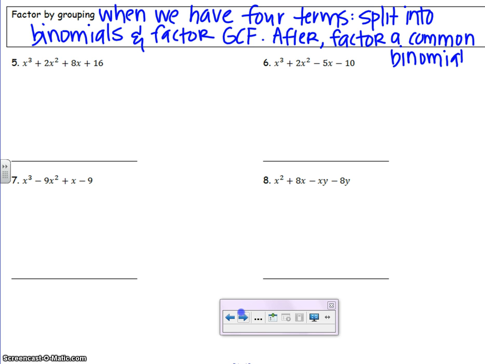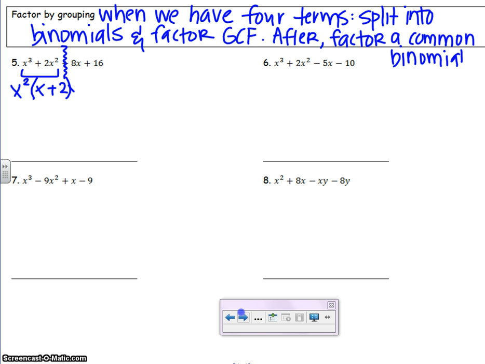Okay, when we look at number 5, we see that we have 4 terms here. I typically draw a divider line in the middle of the 2 terms. And so now I can look at the x to the 3rd plus 2x squared, and I have a GCF in that part of x squared. So when I factor out x squared, I have x plus 2 remaining.